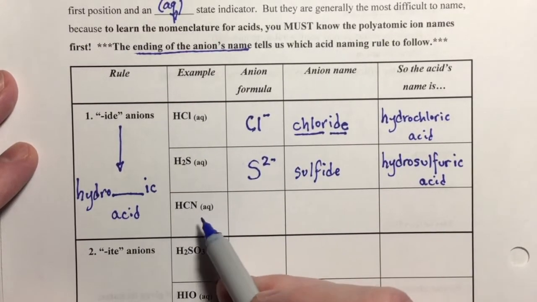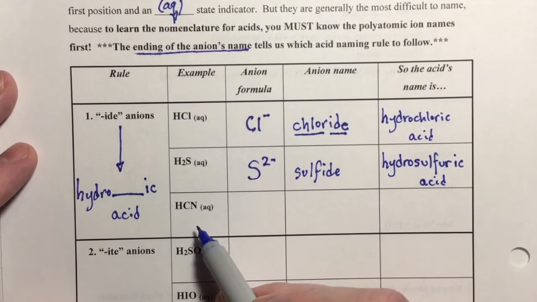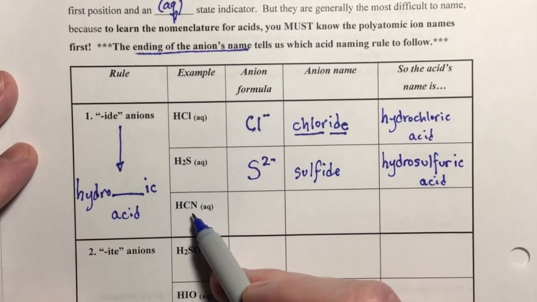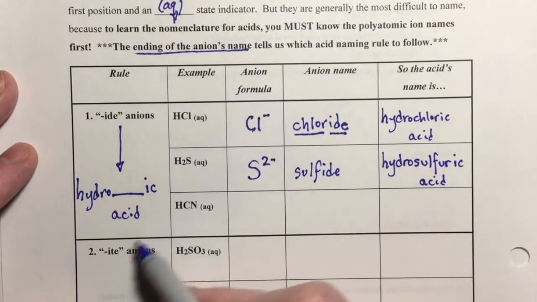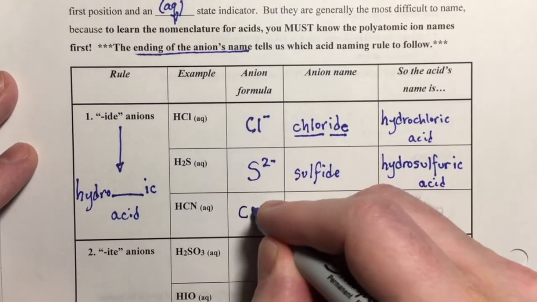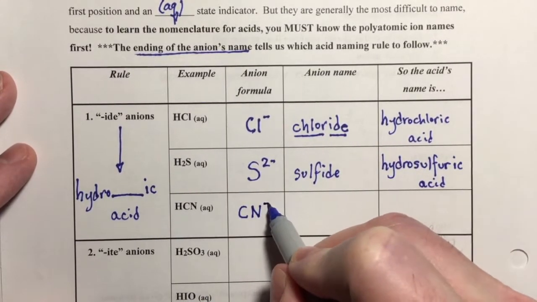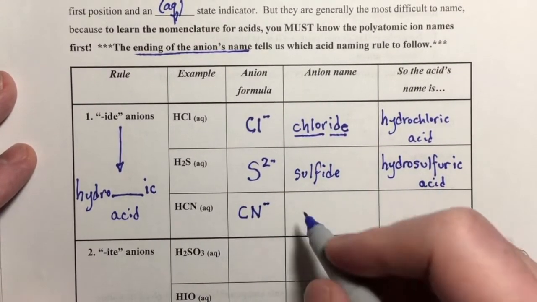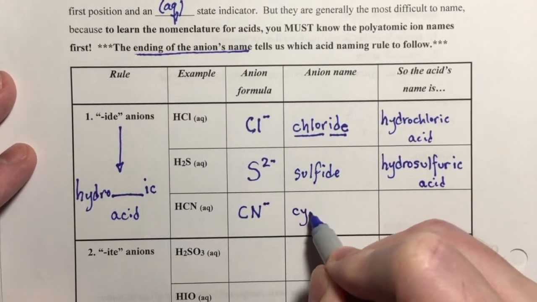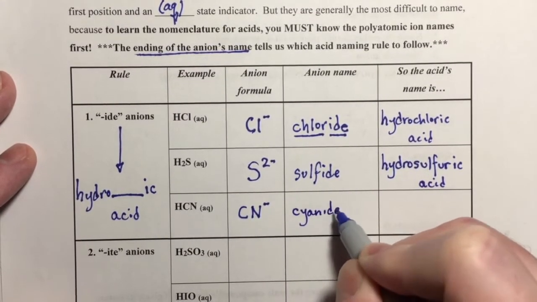Moving on to the next example, we have HCN aqueous. Is this an acid? Yes, it is. So we're going to use acid naming, which means we have to know the name of the anion upon which that acid is based. So we determine the anion's formula. We remove the hydrogen. By removing 1 hydrogen, it leaves a negative charge, and you may recognize this as the cyanide ion.